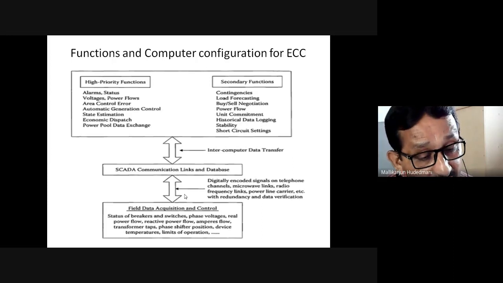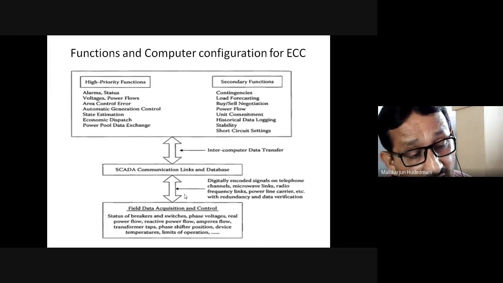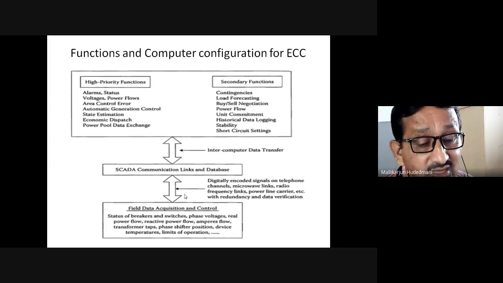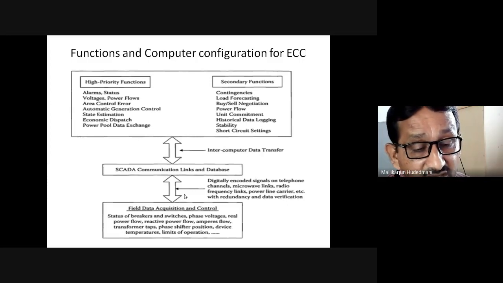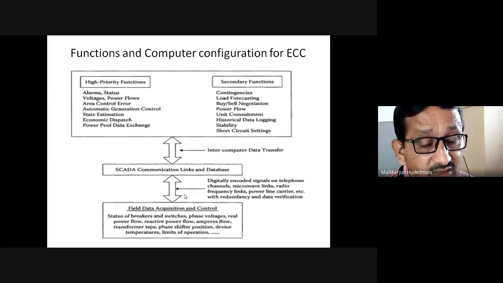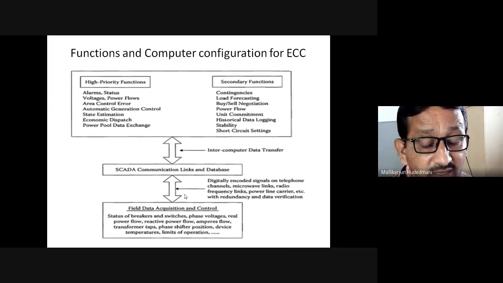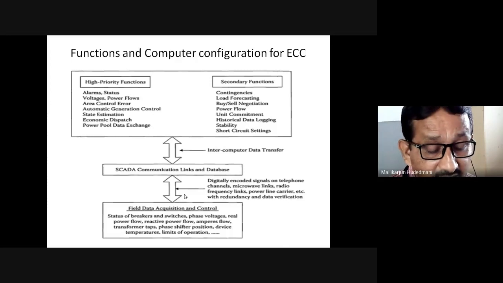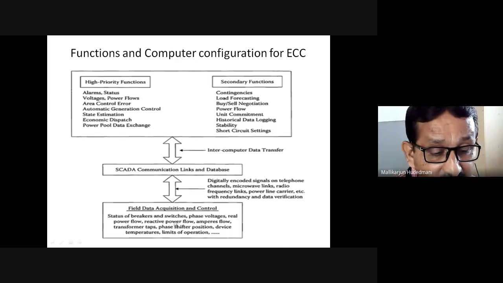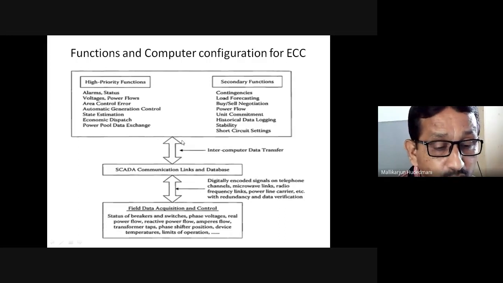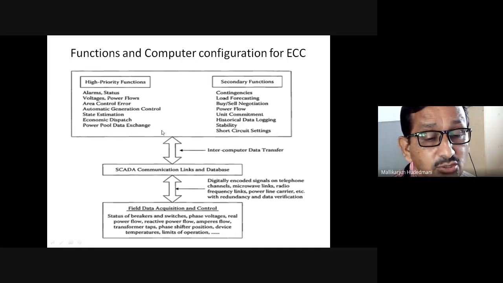A number of such RTUs are configured to respond to a single MTU, master terminal unit, which collects the information from configured areas, and that is processed and dumped into the memory of the storage. It means information from the field is processed and taken via RTU, via the communication mode, through the master terminal unit, and after pre-processing stored into the storage.